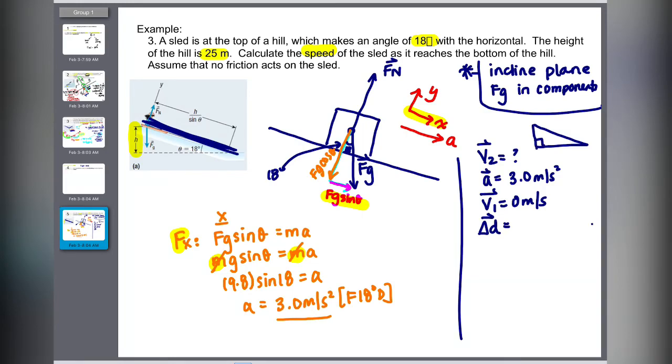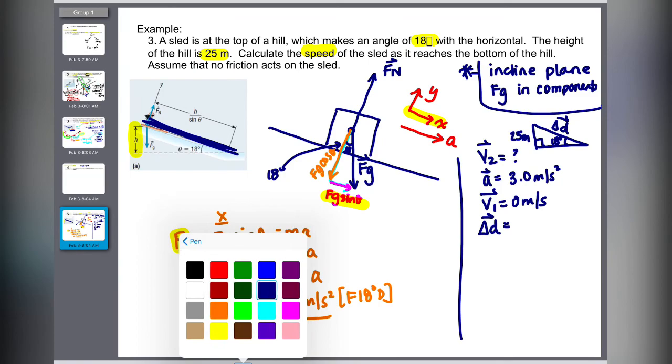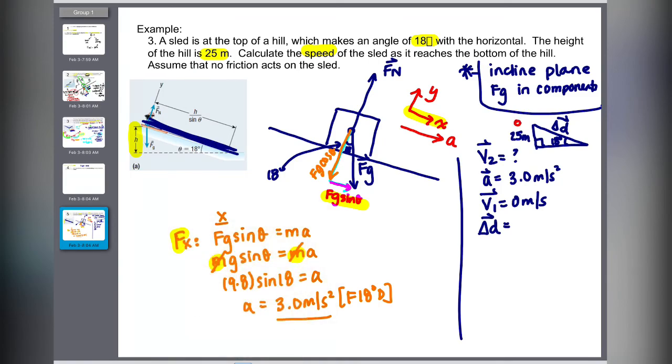Okay, I have a 90 degree angle. I know the height is 25 meters. If this is my delta d, and I know that this angle is 18, do you see that I can just use my triangle? So they just rearranged the equation as h times sine. If you were to do it on your own, you know that this is 18, so I have opposite and hypotenuse.